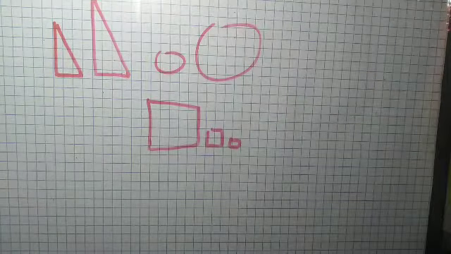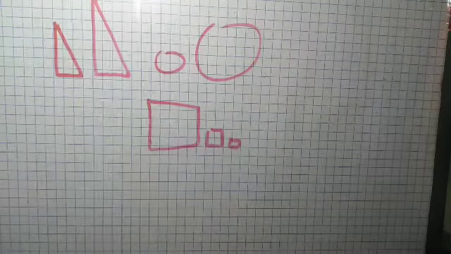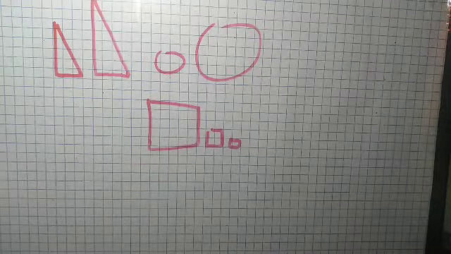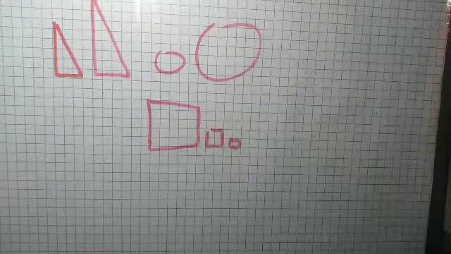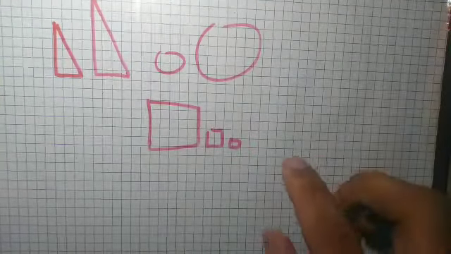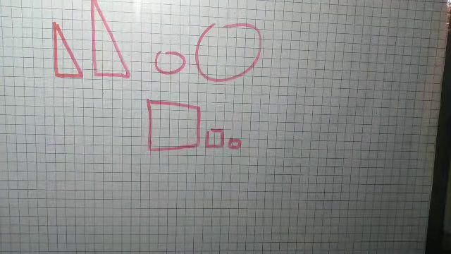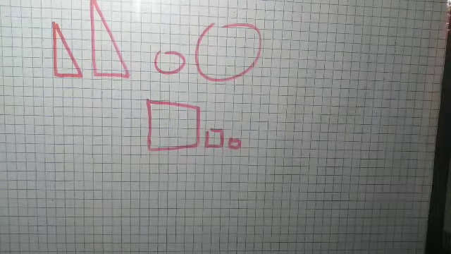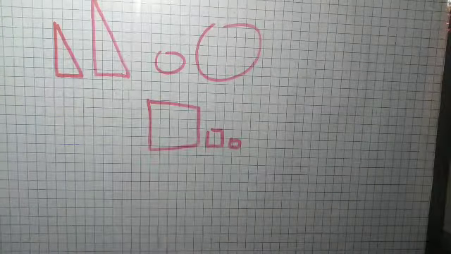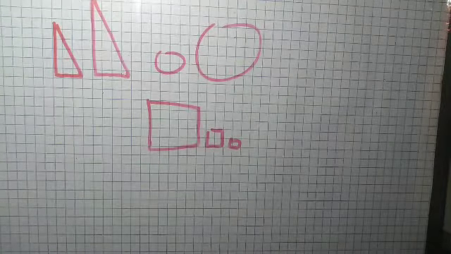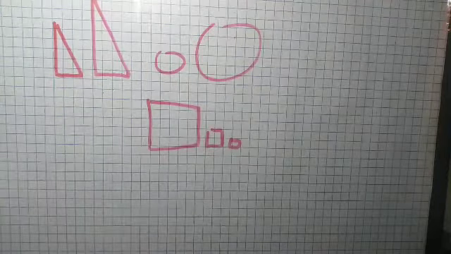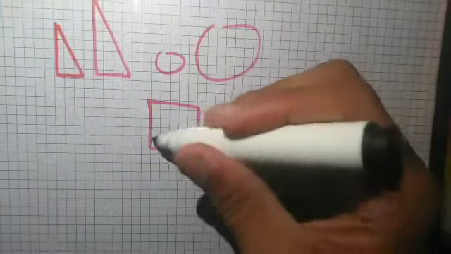Now these figures right here. What makes them similar is their angles. They all have the same shape. But what makes them similar, not the same? If they're the same, they would be the same size. What makes them similar is their angles. The angles are what make them the same.